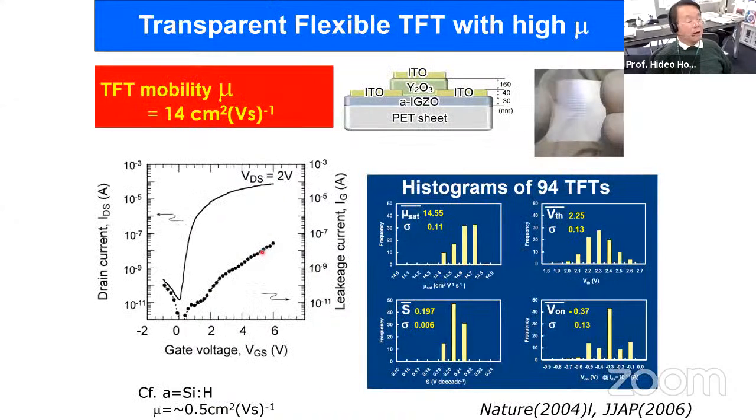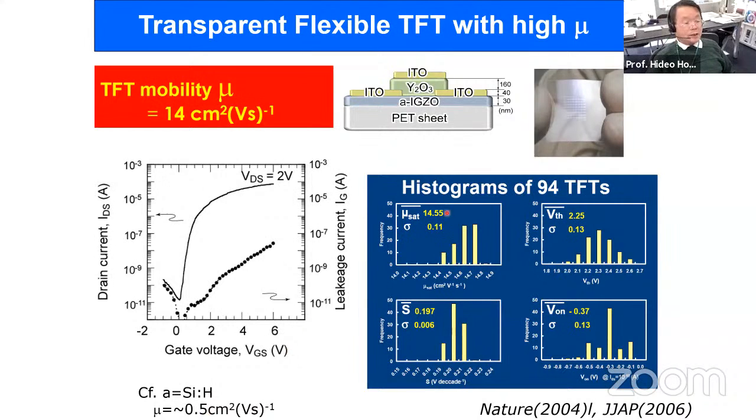So we fabricated the TFT by sputtering on a plastic thin film. This is the obtained TFT and its characteristic. The mobility obtained is 15, which is 30 times higher than that of the amorphous silicon TFT.